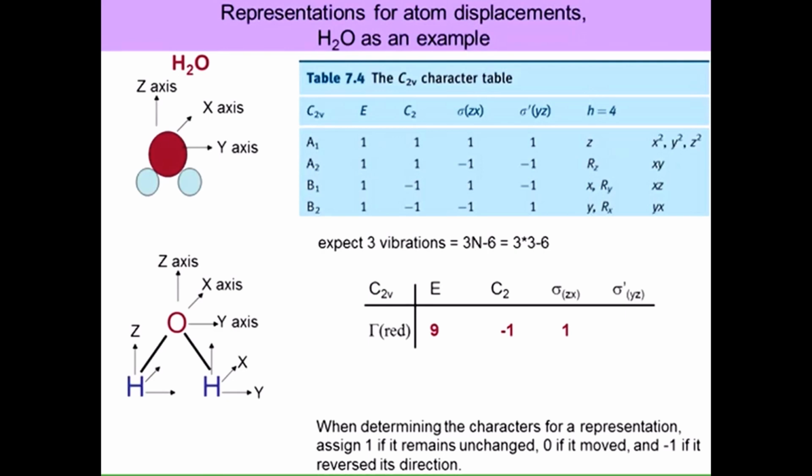So again the whole atom is going to be changed, so the contribution will be 0 from both hydrogens. The only thing which is going to be considered is the oxygen. In that case, the things which are along X and Z cannot be changed, because that is the plane which is going to be considered, right? So X is going to remain the same, so it is +1. Z is going to remain the same, so again it will be +1. So the contribution will be +2. But what about Y? Y is going to be changed. That will be -Y, so it will contribute -1. So the overall character will be +1.